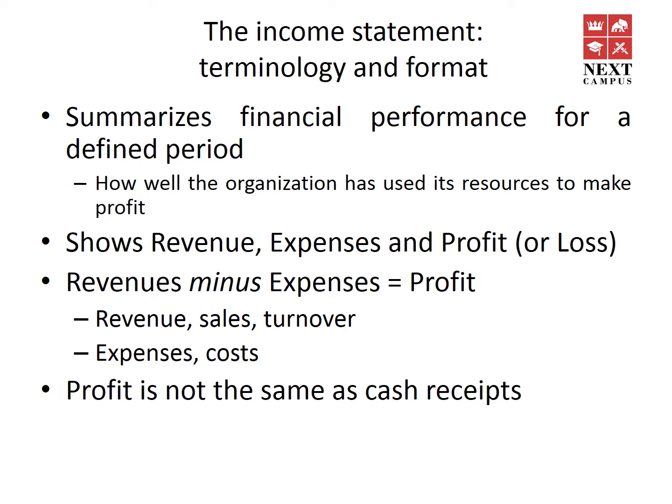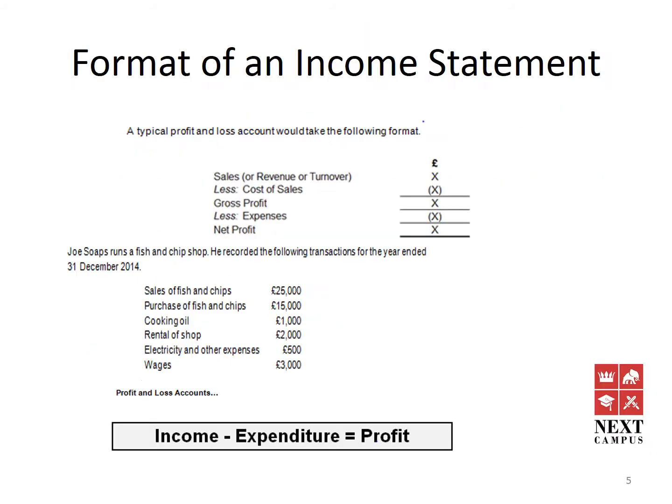So it shows the revenue and the expenditure. So revenue minus expenditure is the profit. This is the format of the income statement. The first line, normally we call it the top line, is the revenue or sales, or sometimes we call it turnover. Then you deduct the cost of sales, that means the cost of the goods that you have purchased.